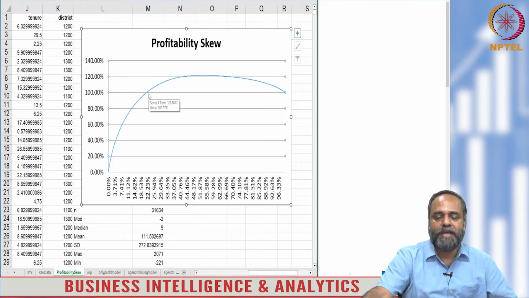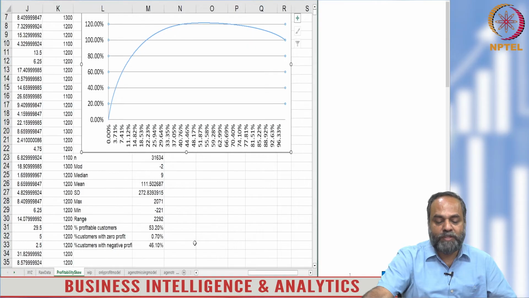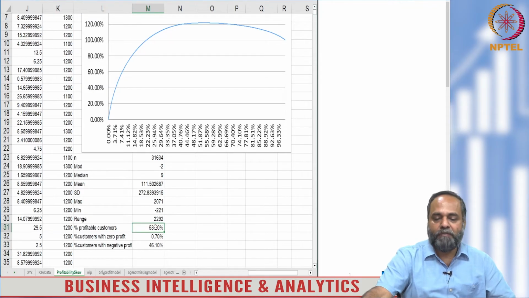That is why it goes beyond 120 and so on, because of the negative values in the profits. So a lot of customers are generating loss for the bank. Whether those customers should be fired or retained is another discussion, another problem, but we are not going there.